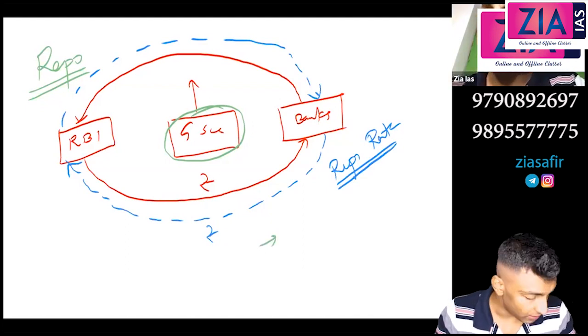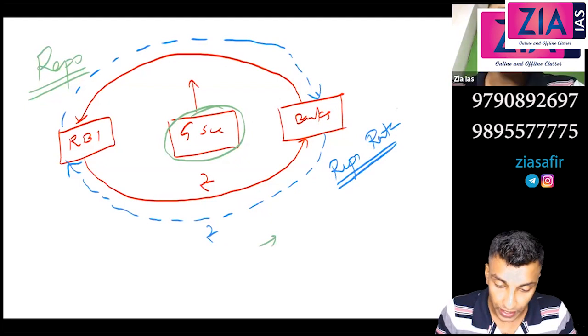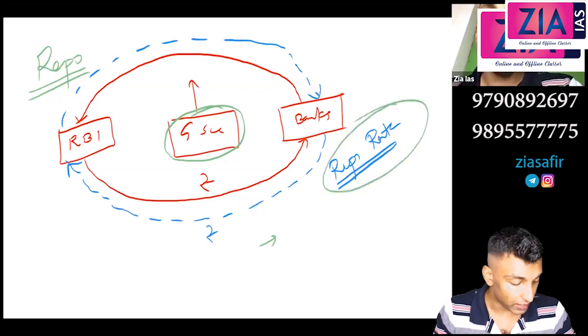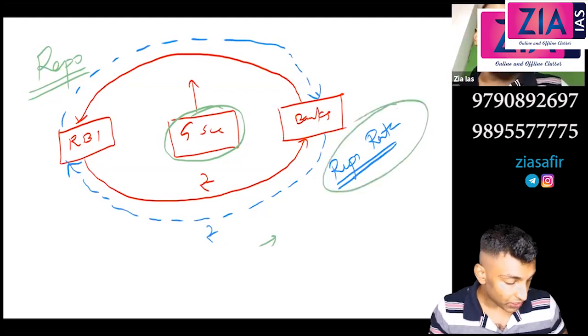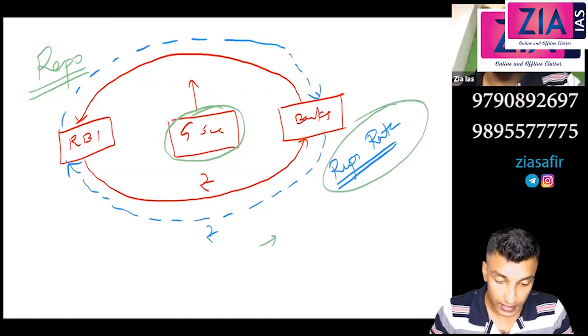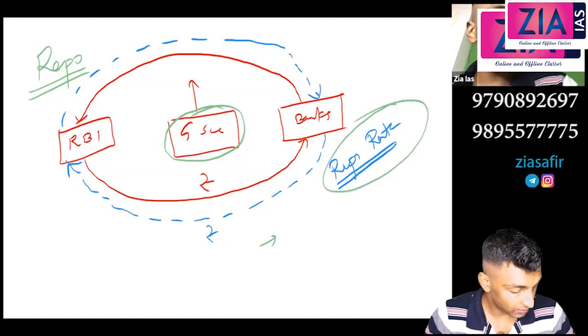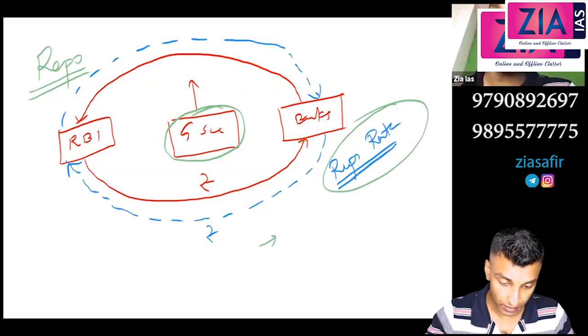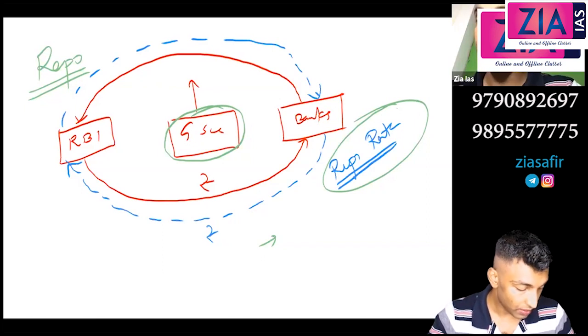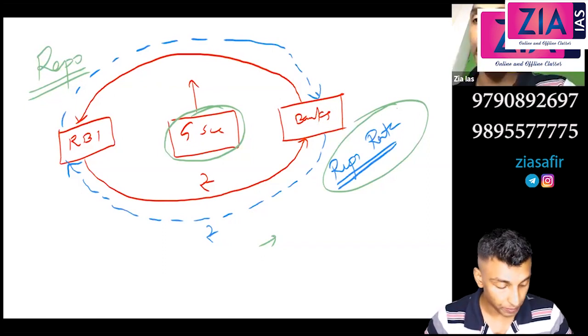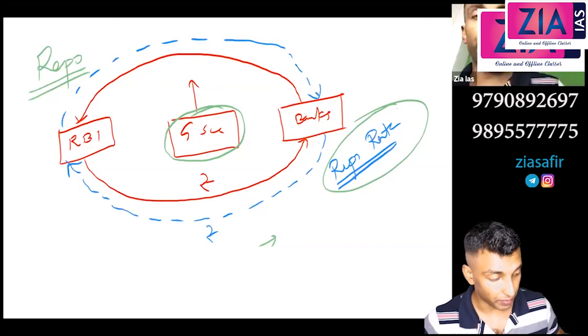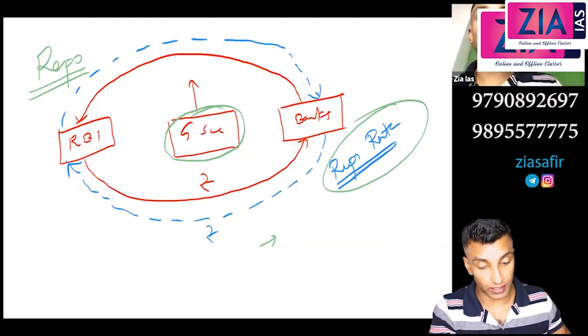Okay, so you can write there what is repo rate. It is a rate of interest at which the central bank lends to banks or financial institutions for a short period of time against government securities.